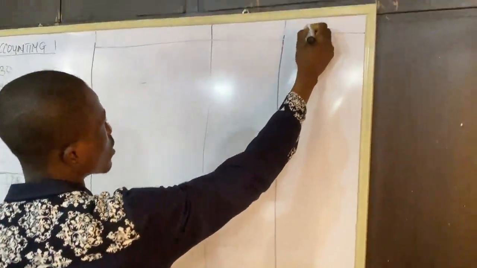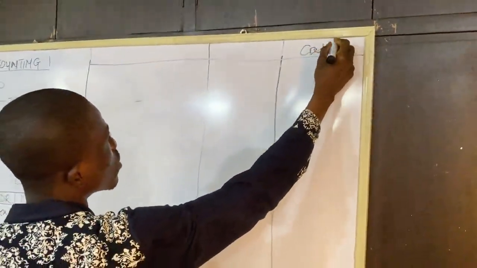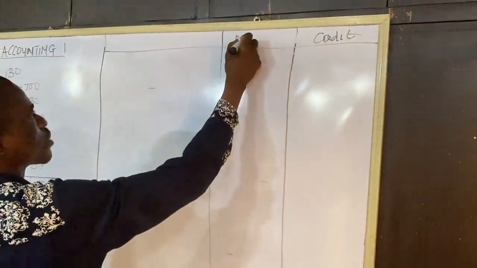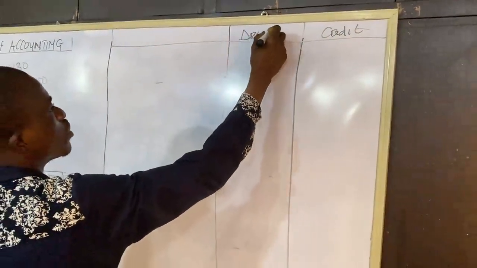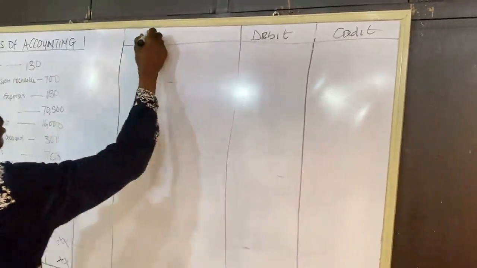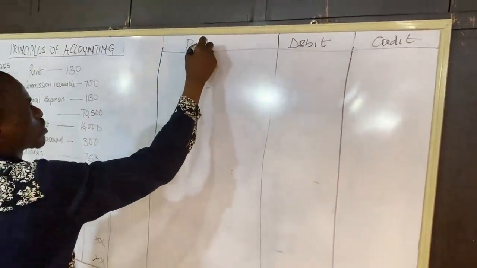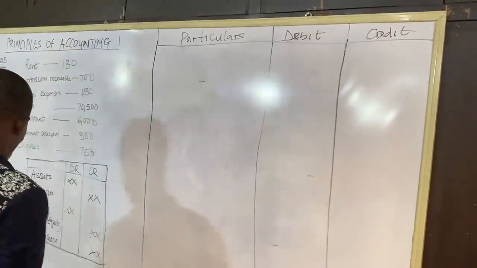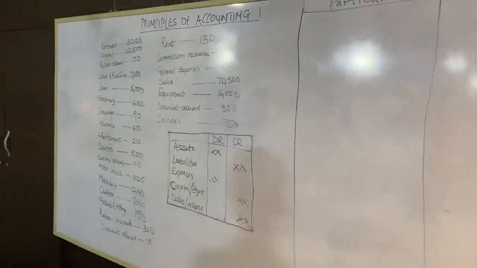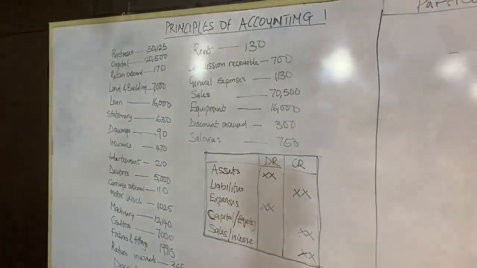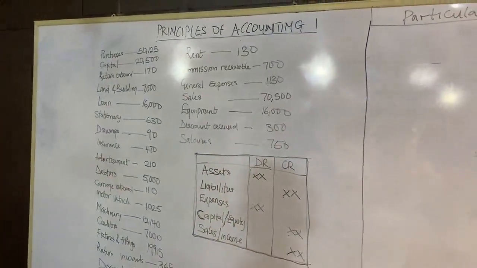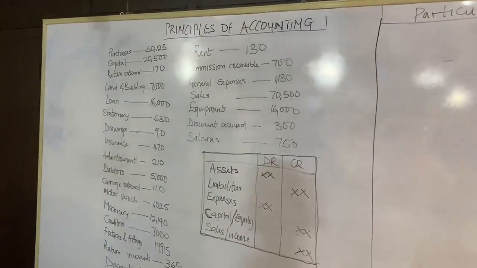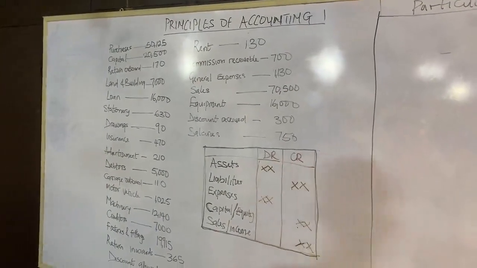You have your credit, you have your debit, particulars. So the first one says purchases, 50,125. Because purchases will be at the debit side.